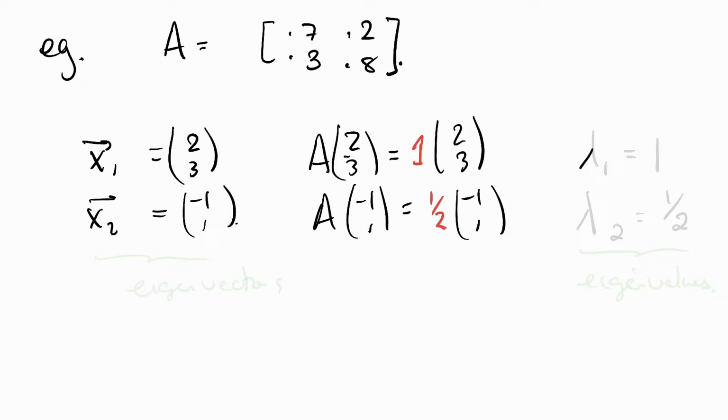So we've got one eigenvalue, which is 1, with eigenvector belonging to it, (2, 3). And we have a second eigenvalue, a half, with eigenvector belonging to it, (-1, 1). Here are the eigenvectors, and here are the eigenvalues.